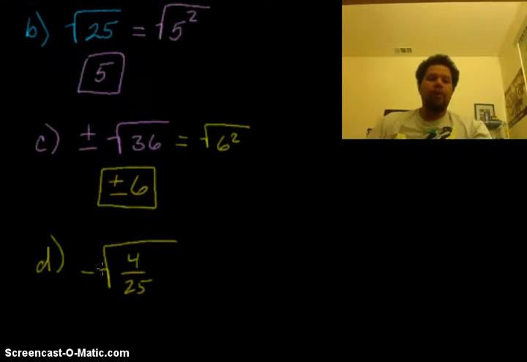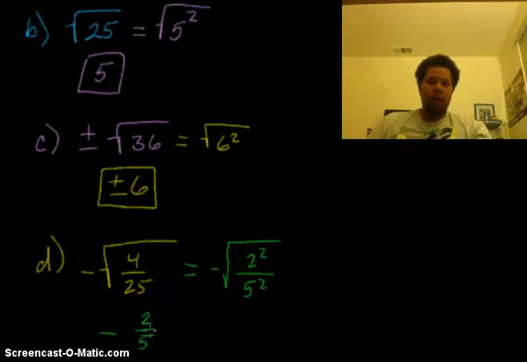We can even find square roots of fractions as long as the fractions are in perfect square form, like this one. We know 4 can be 2 squared, and 25 once again is 5 squared. So we can find the negative square root of this to be negative 2 over 5. We only found the negative since it had the negative sign at the front.